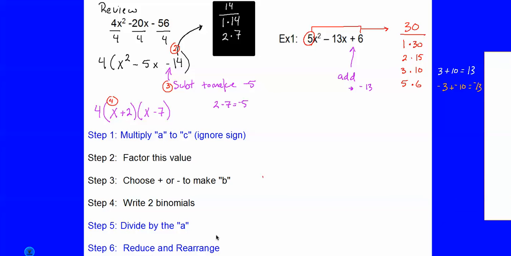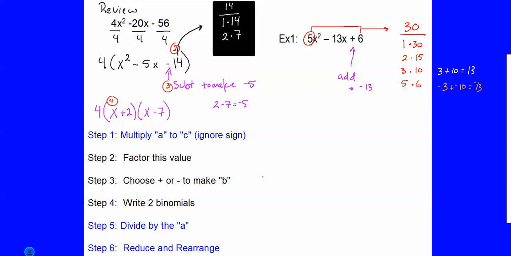That is the set of numbers that I actually need to complete this particular problem. Ran out of space. And then I'm going to write my two binomials just like before. The two binomials are going to use x minus 3 and x minus 10.